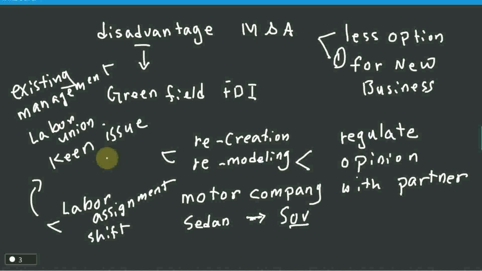Then we will look into the specifications of each classification. Okay, vertical FDI and horizontal FDI, conglomerate FDI. And also we have another detailed division of vertical FDI. We have forward and we have backward.